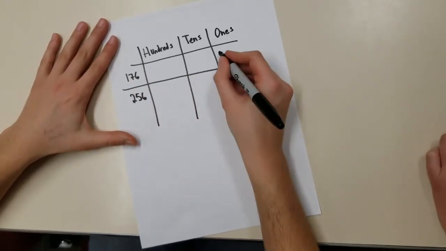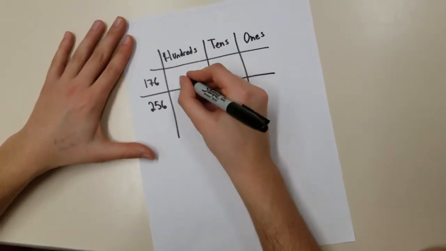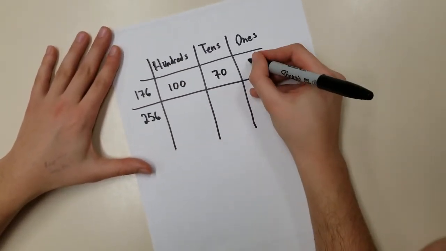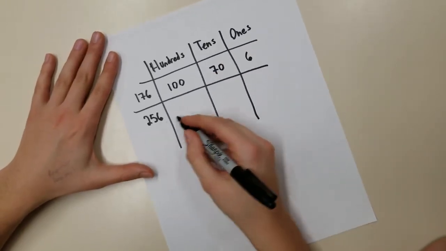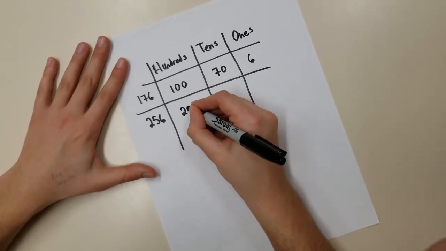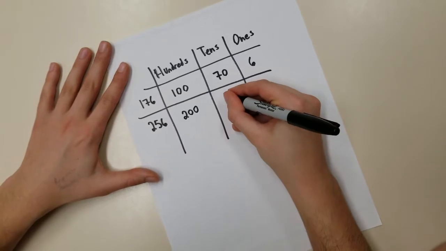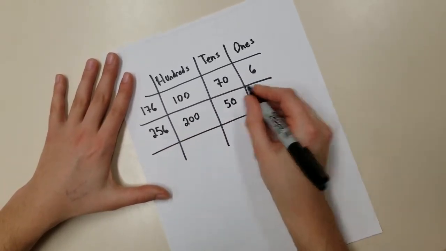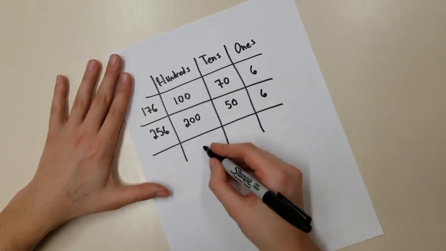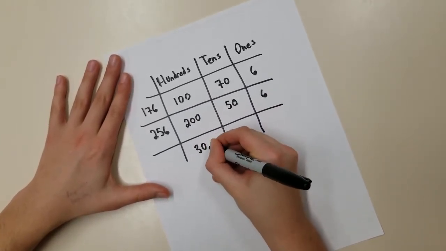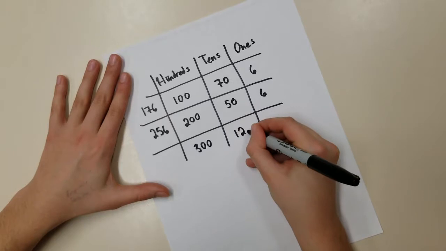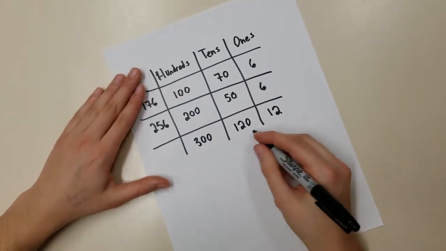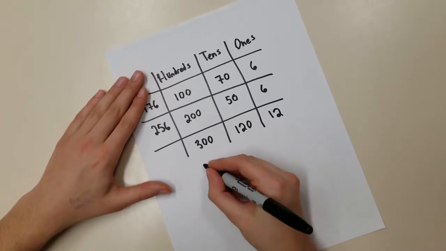Now I'm going to just write in the numbers. So we have 100, 7 tens, and 6 ones. And we have 2 hundreds, 5 tens, and 6 ones. Now these are easier numbers to work with, we can add them together. This is 300, this is 120, and this is 12. Now I can add those numbers pretty easily.